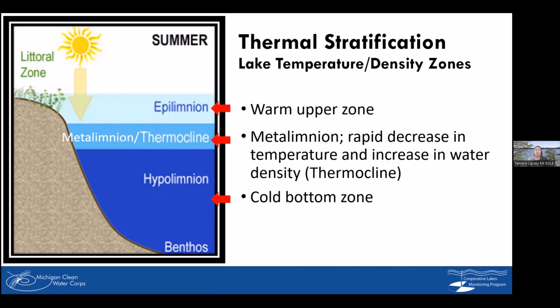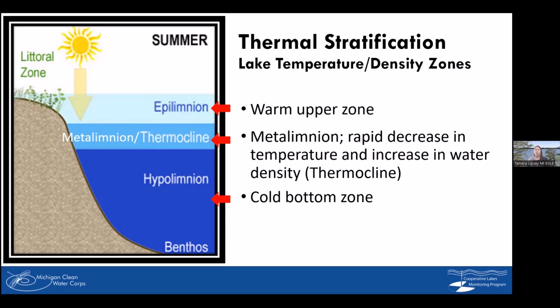And then when you get a little bit deeper, maybe if you're swimming, it might be around your toe area, you'll notice that there's a rapid decrease in the temperature. This middle layer is called the metalimnion, and that area where the temperature declines pretty rapidly is called the thermocline.